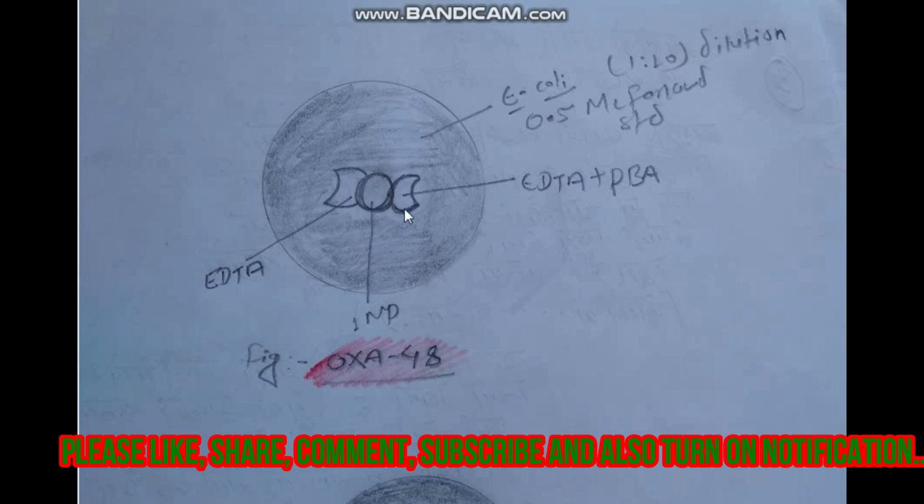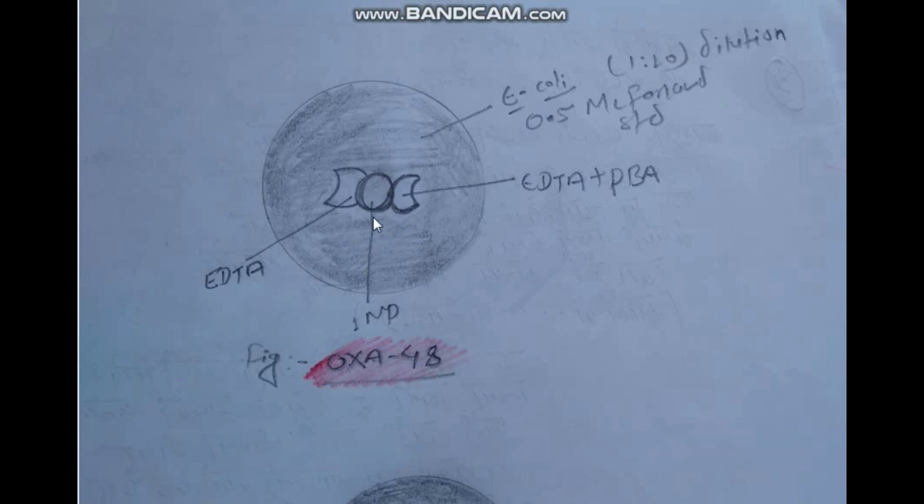From this solution, 10 microliter was dispensed onto two blank paper discs. The stock solution of phenylboronic acid was prepared as previously recommended by dissolving phenylboronic acid in dimethyl sulfoxide and water at a concentration of 60 mg per ml.